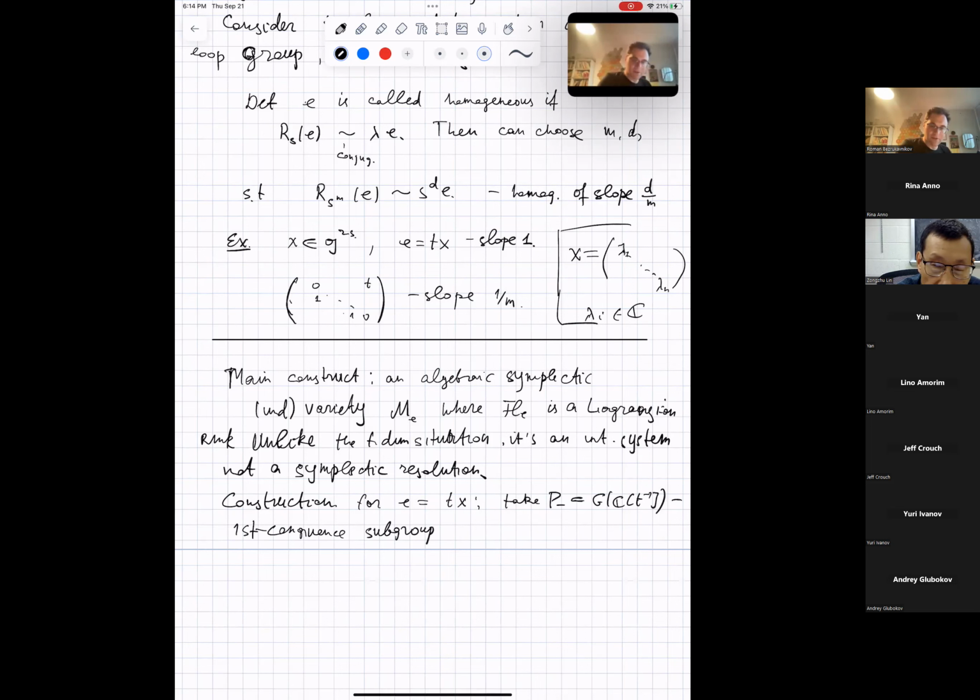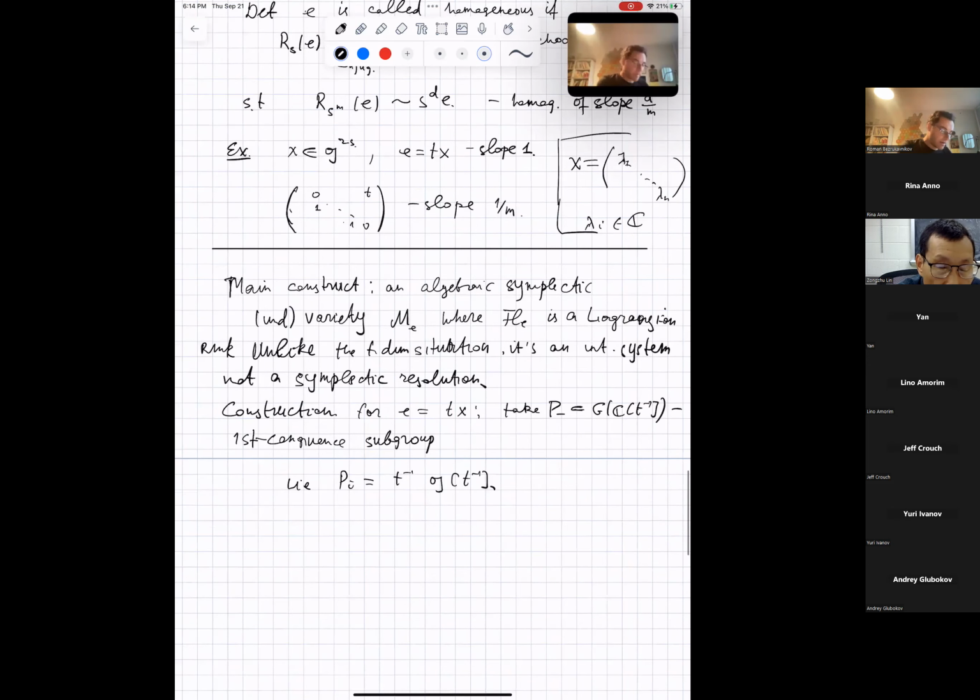So Lie of P minus is t inverse g of t inverse. And we have psi_E such that d psi_E takes X to a residue, dt over t. It's the usual pairing. And then we take the cotangent bundle of the affine flags.